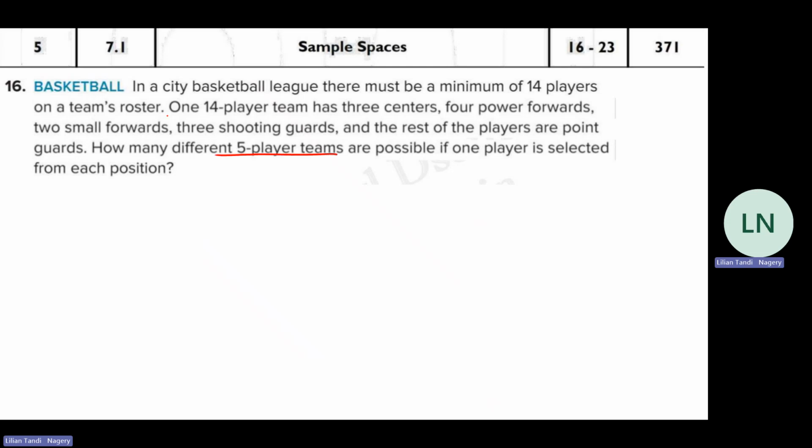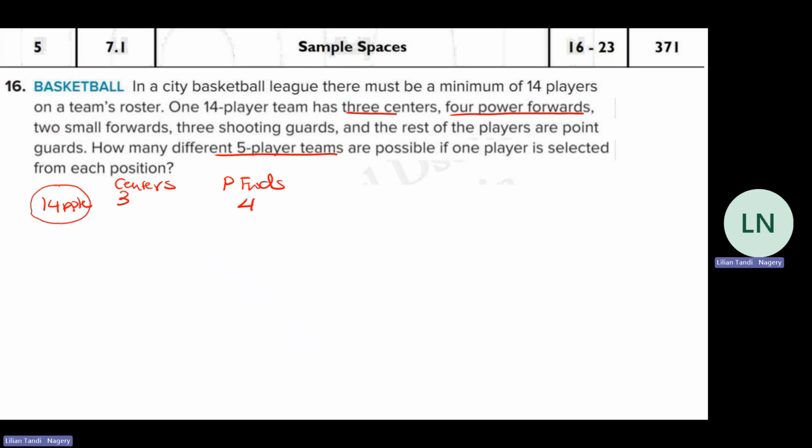Okay. So let's read. You have a 14-player team. So in your team, there's 14 people. Okay. Out of these 14 people, 3 are centers. Then you have power forwards. You have 4 of them.